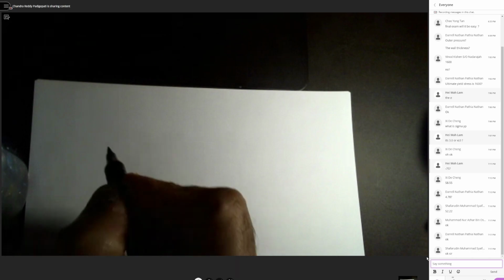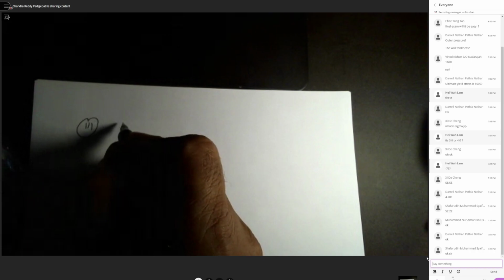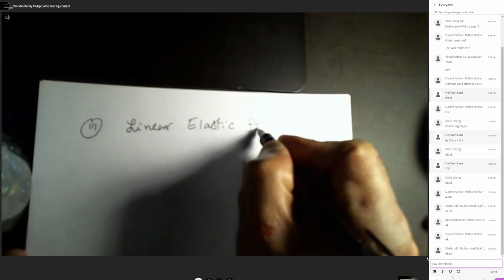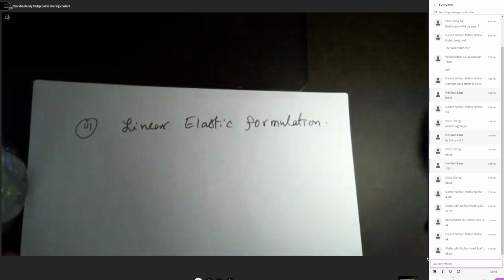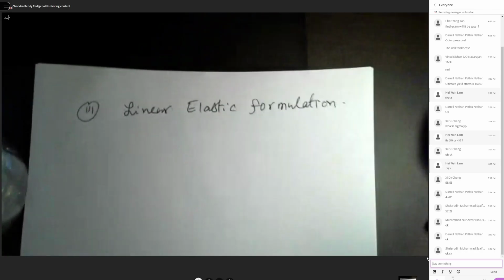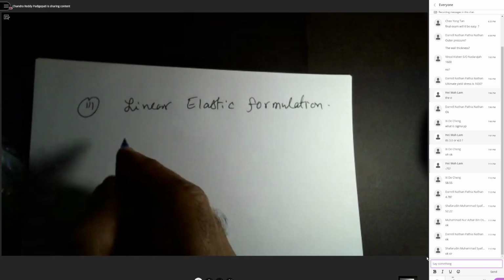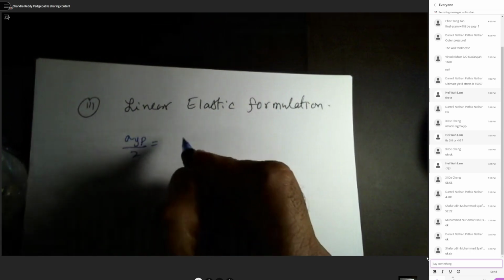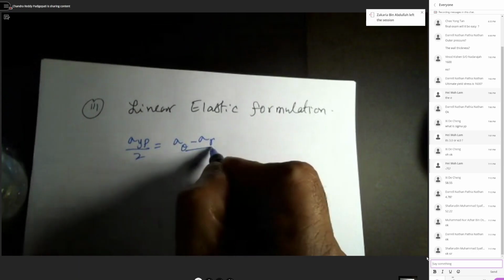All right, so next we look into the third part, which is linear elastic. So for linear elastic formulation, we know sigma yp over 2 can be given as sigma theta minus sigma r over 2.